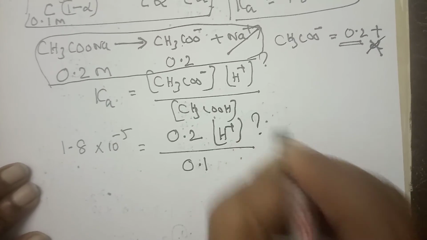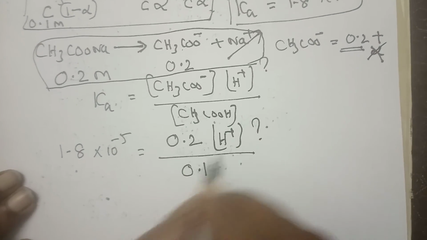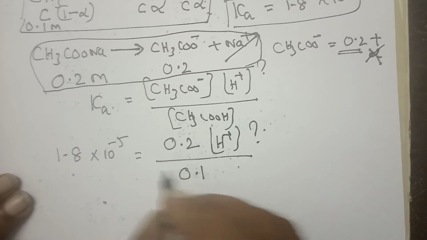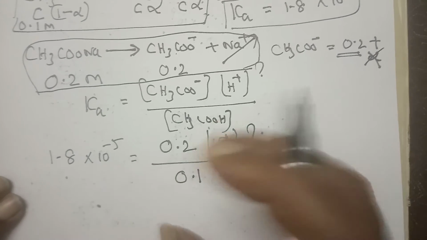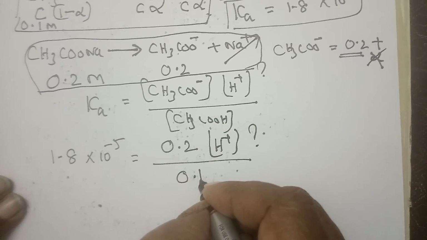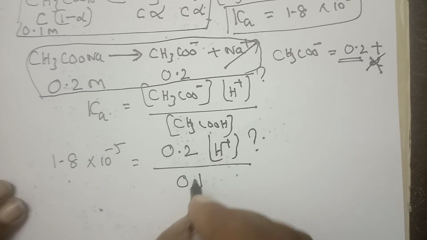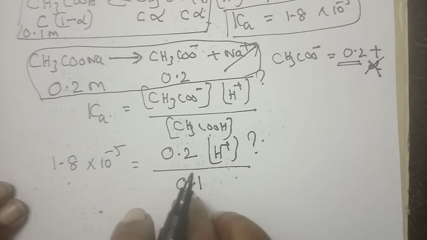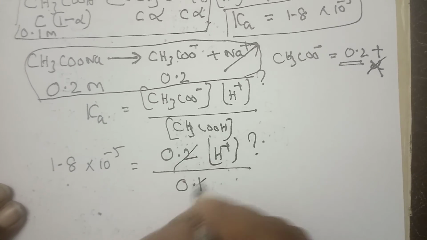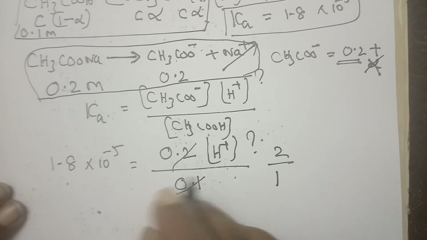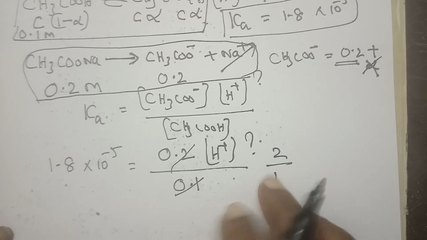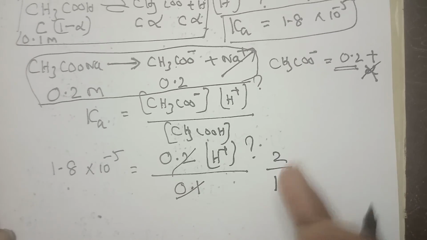You have to calculate the hydrogen ion concentration. Because we have to go for a competitive exam, here is how to do it quickly. Both are 1 decimal, so we will take it as 2/1 itself. Next, dividing by 1 is just as it is, so 2/1 is equal to 2.